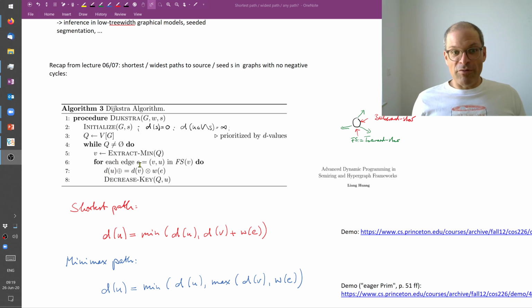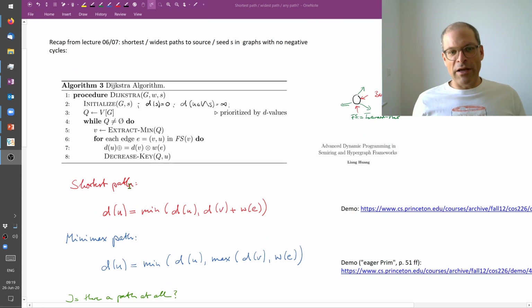And we have different recipes for this update. And we looked so far at this particular update rule here. So we had already some previous cost from the source to node U. After initialization, this cost was infinity. But generally speaking, it's the cost of the cheapest path found so far.